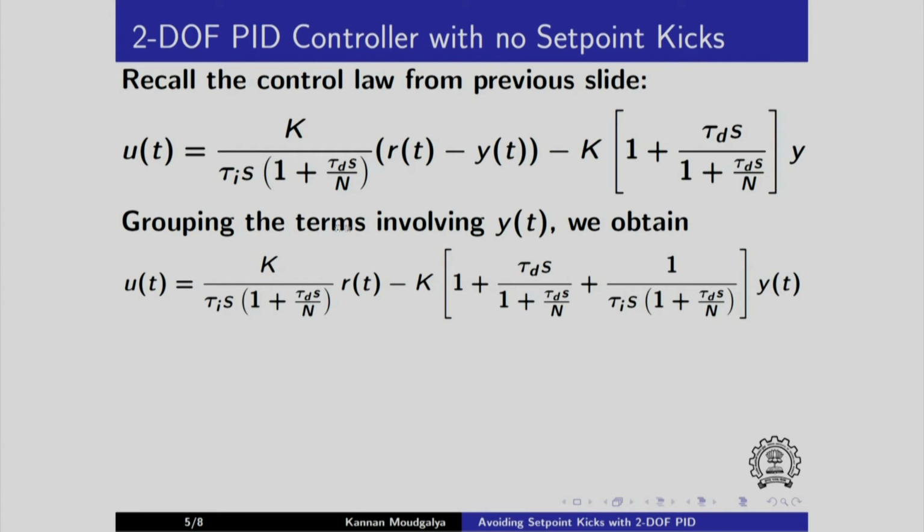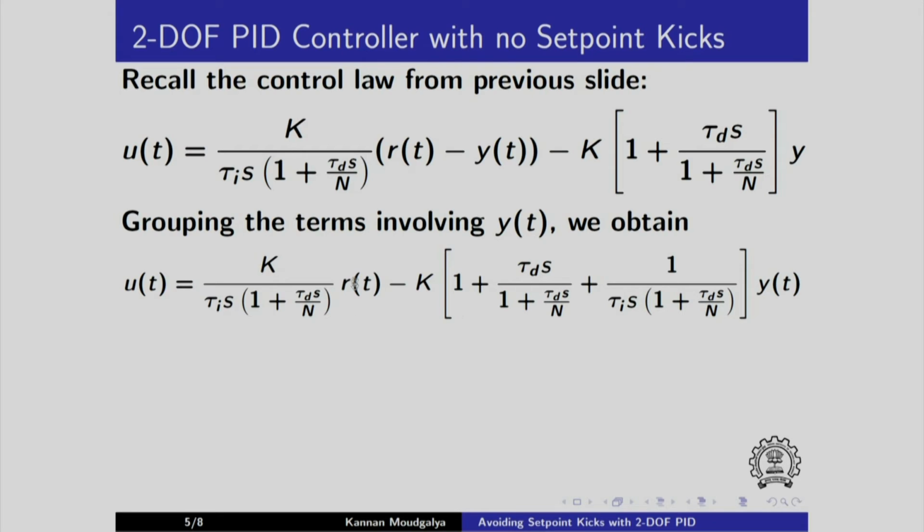Let us group the terms involving R here and Y here. You can see that Y has proportional and derivative terms plus the integral term that comes from here. Why does the integral term have an extra element here, this 1 plus tau d s by N? We will explain this shortly.